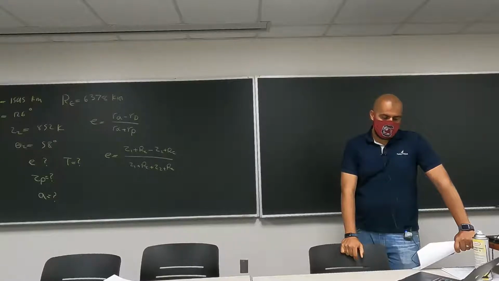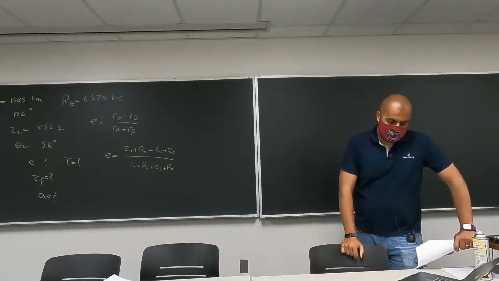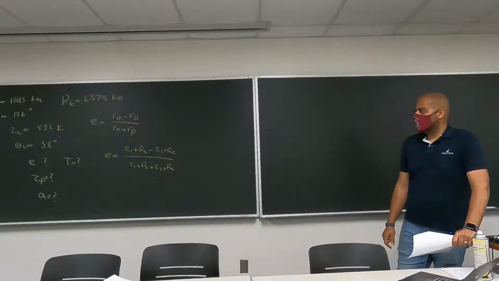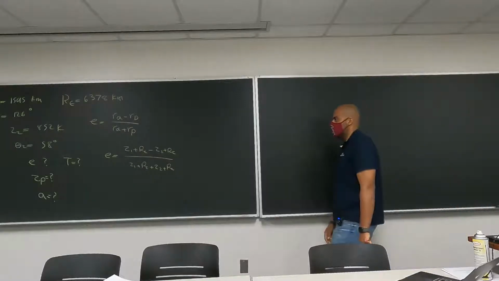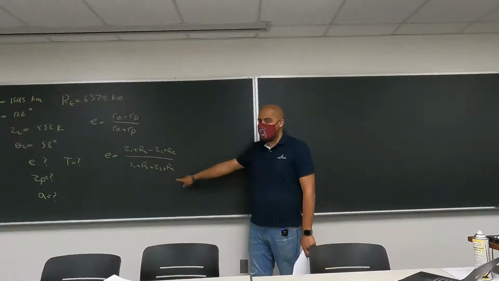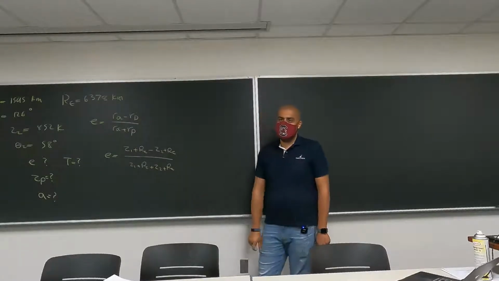The last time we used it, in the radius of apogee equation we used the radius of Earth, but in the radius of perigee equation we just used a different value. We should have used the same value. But this equation is not the correct equation to use here. Why?